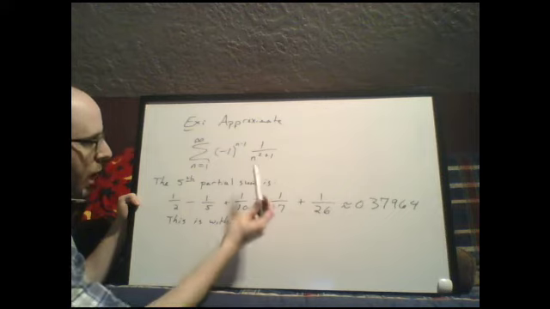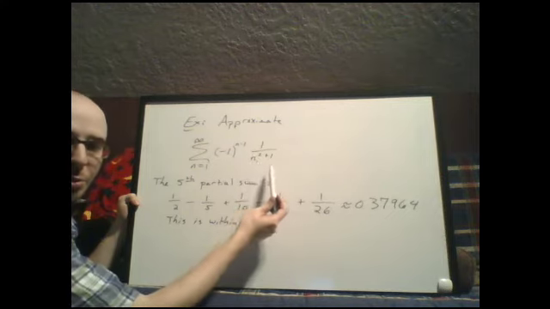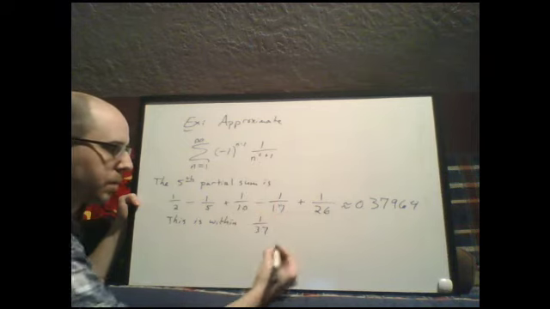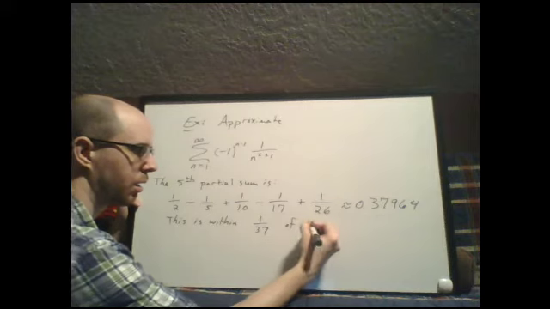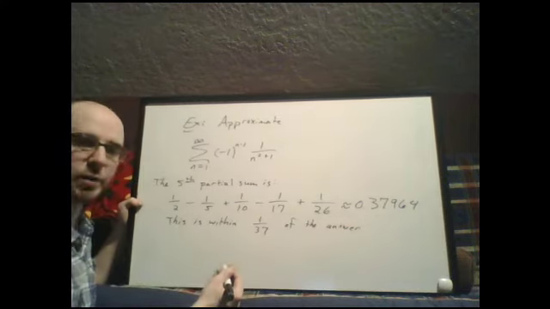Well, we stopped at 5. If I plug in 6, I get 1 over 6 squared plus 1. That's 1 over 37. That's it, within 1 over 37 of the actual answer.